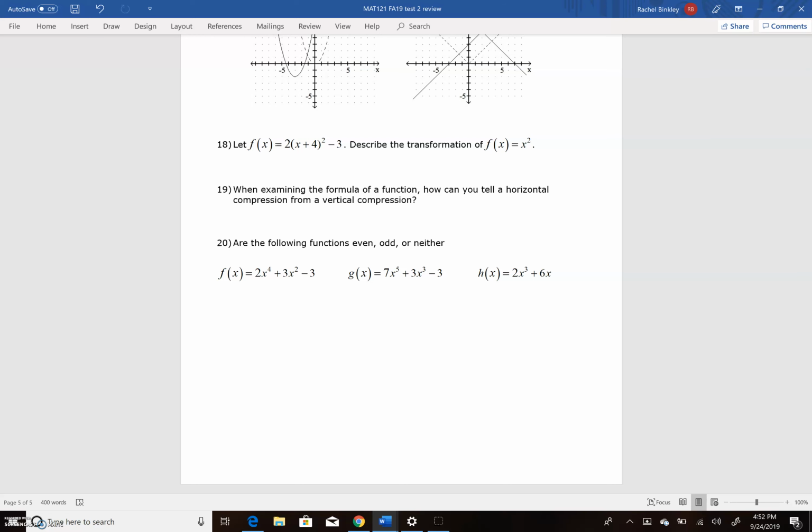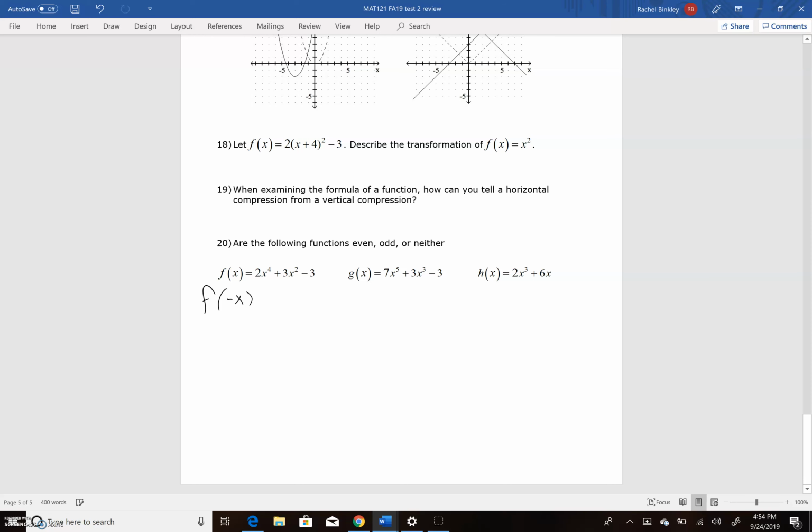Oh, and how can we tell whether the following functions are even, odd, or neither? If you look at your notes, we know that we need to take f of the negative x and see how they match up.